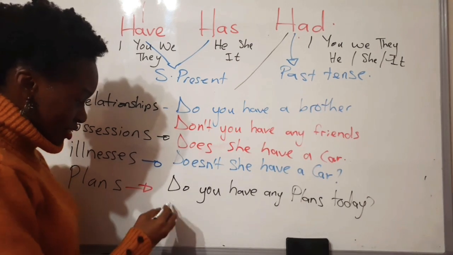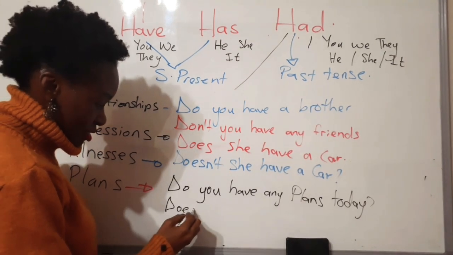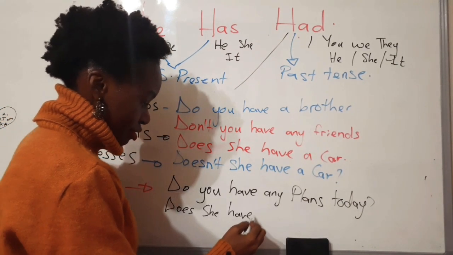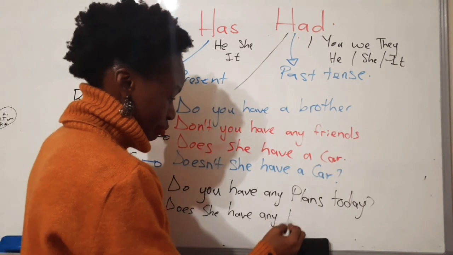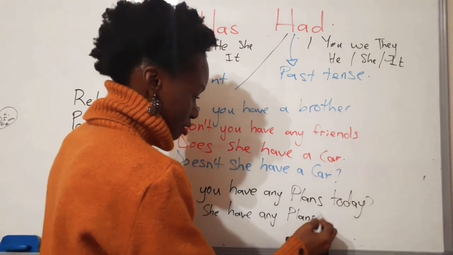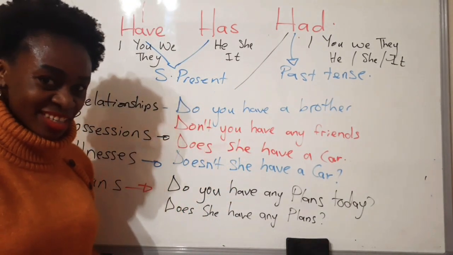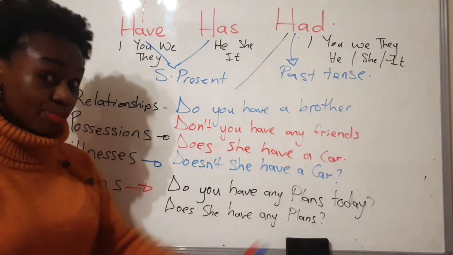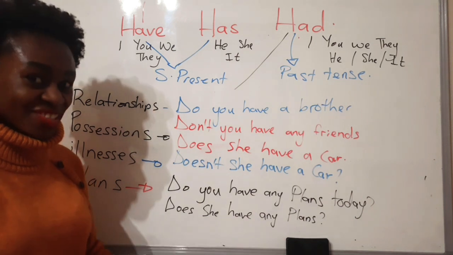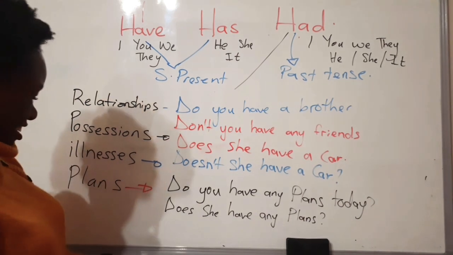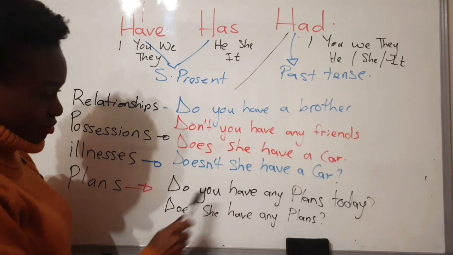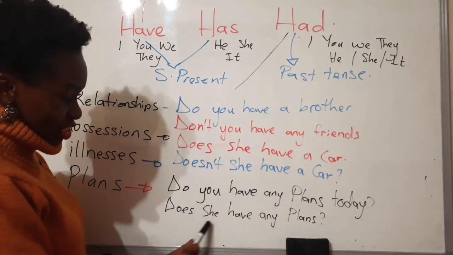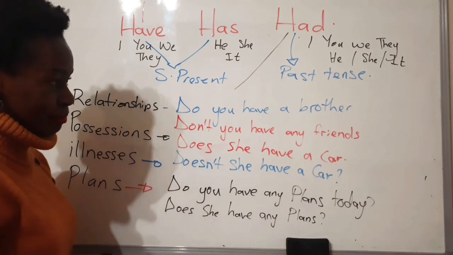Or does she have any plans? She can join us. So we are going for a movie. Invite your friend. Does she have any plans? No, she can join us, okay? And we can use do you have, don't you have, does she, doesn't she, like this.